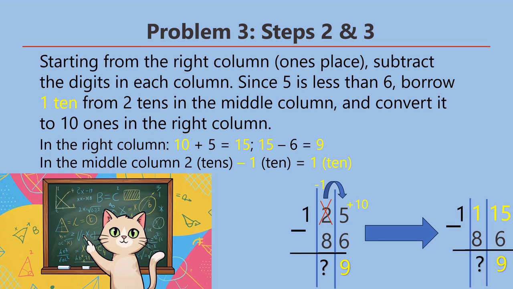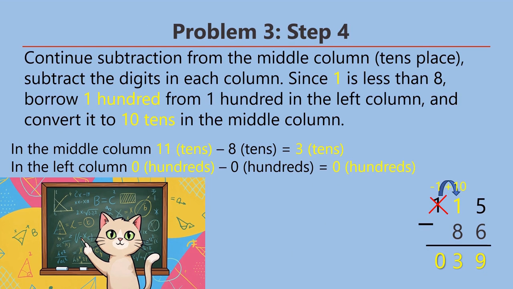In the right column, 10 plus 5 is equal to 15, 15 minus 6 is equal to 9. In the middle column, 2 tens minus 1 ten equals 1 ten. Step 4. Continue subtraction from the middle column, the tens place.